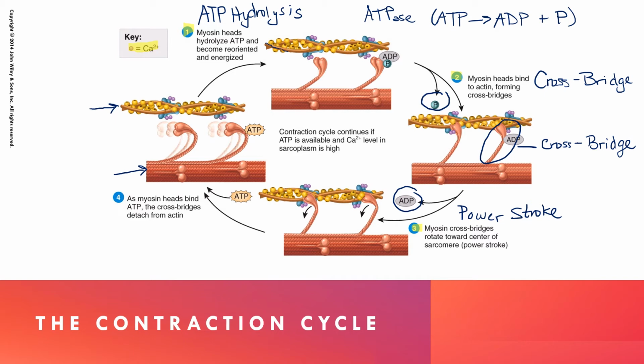And the cross bridge generates force as it rotates toward the center of the sarcomere, sliding the thin filament past the thick filament toward the M line. So we're pulling that thin filament this way, those myosin heads. They bend a little bit like this, as you can see, and they pull the thin filament toward the M line.